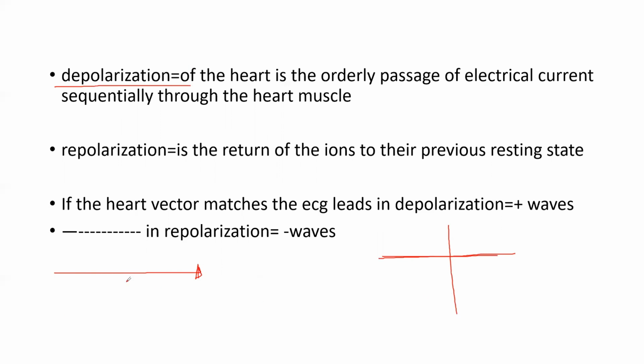If we have the vector of the heart, let's say here, having a small angle and moving in the same direction, this means that we are having a positive wave. Once these vectors are moving away and the angle is getting bigger, the wave will be smaller and then smaller until it becomes the opposite side here, where we will have a negative wave.